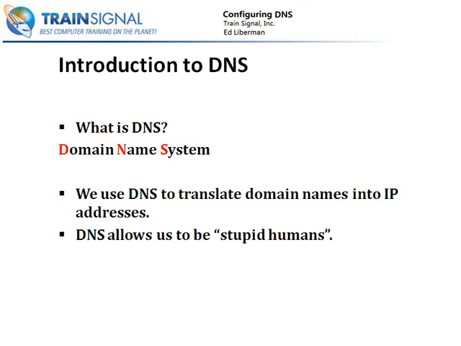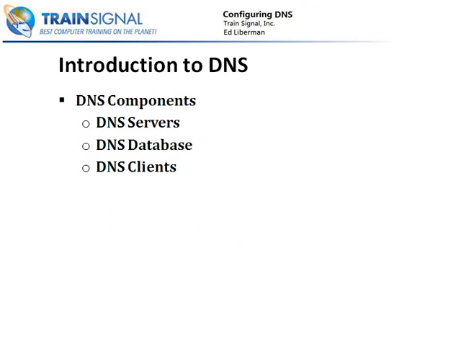Now, you may be smart enough to remember all the IP addresses of all your favorite websites, but most of the rest of us would rather remember simple names instead. Without DNS, people would probably find the internet not so easy to use, and some might just find it downright impossible. There are three main components to the DNS infrastructure. There's the DNS servers, which are responsible for answering queries.